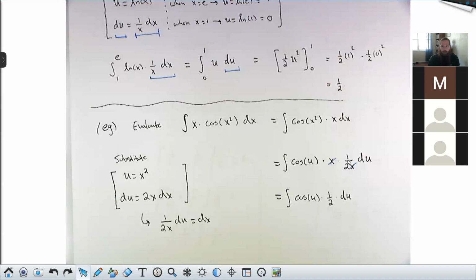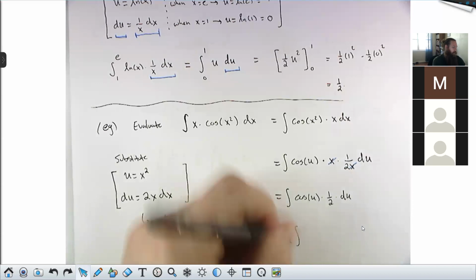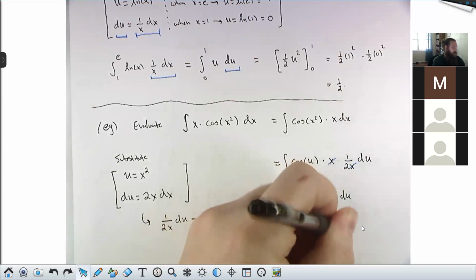That you simplify the integrand by your substitution. The other thing that you need to make sure you do is choose your substitution so that the differentials all cancel out very nicely. In other words, so that all the x's go away. And that did happen here. So what we'll get is the 1/2 popping out, integral of cosine u du.